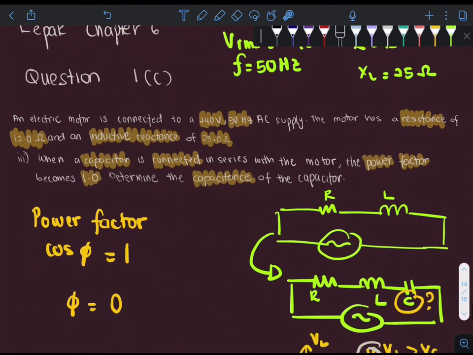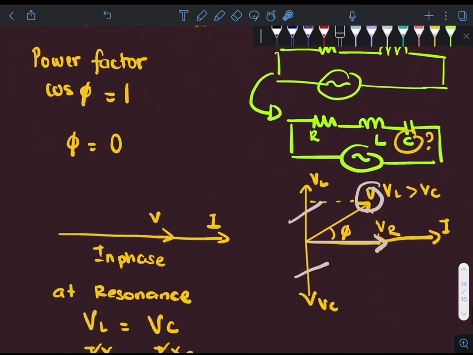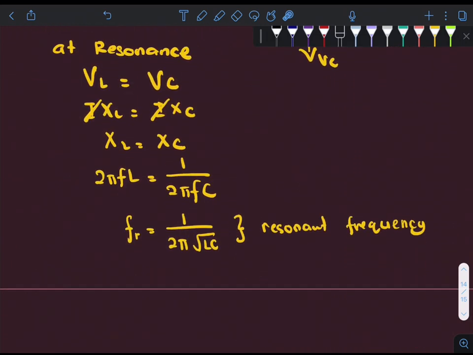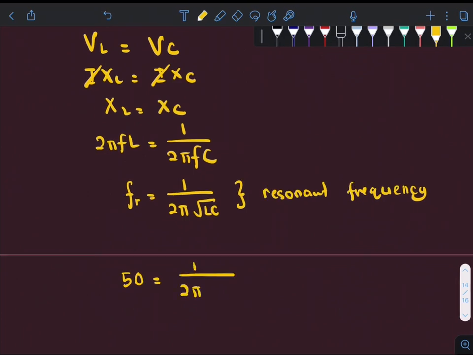It's just that after you add a capacitor, the circuit now has a power factor of 1. So our frequency now, which is the frequency at resonance, is the same frequency as given in the question. So we have struck the resonant frequency by adding this capacitor.